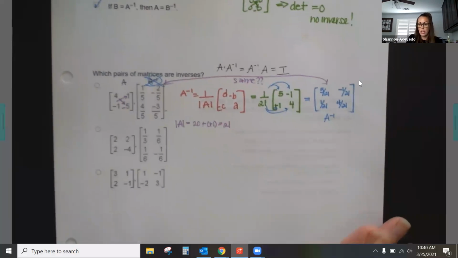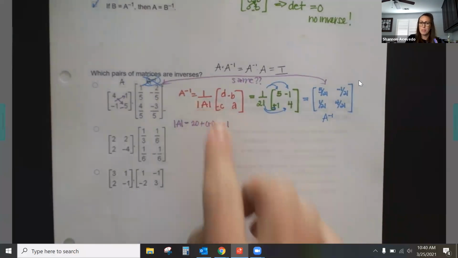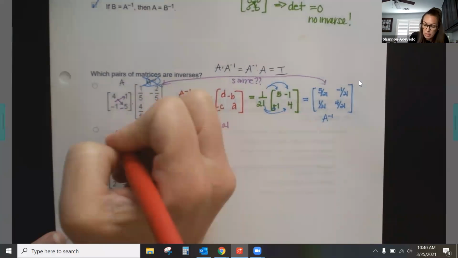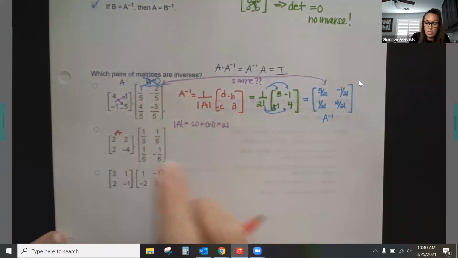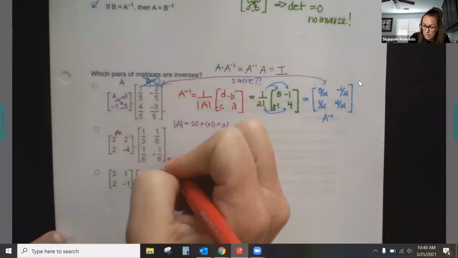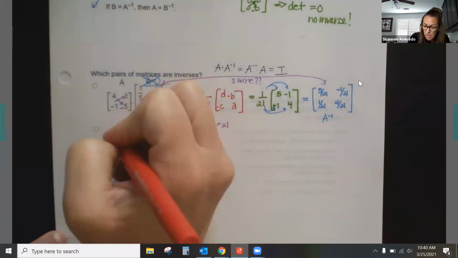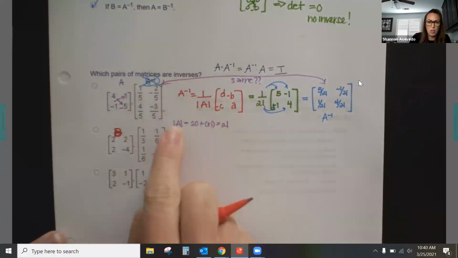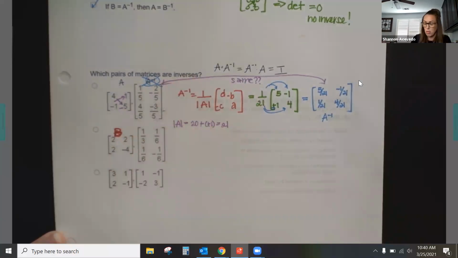Going to the next one to check. Again, I'm using the same setup, so I'm not going to rewrite it every time. First thing I'm going to do is figure out the determinant. This is my matrix A that I'm going to be using. Actually, I'm going to label it a B just so that I'm not confusing you with this A. That's the only reason.